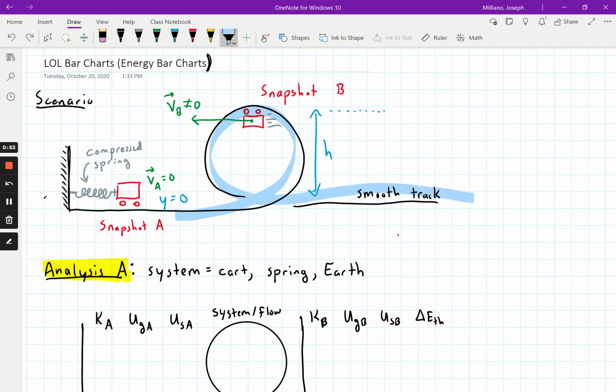We are just going to be comparing those 2 points in time. We don't have any time information. We just know what's going on at one point in time and at a separate point in time.